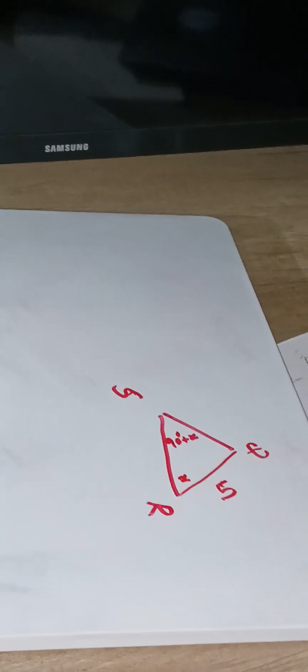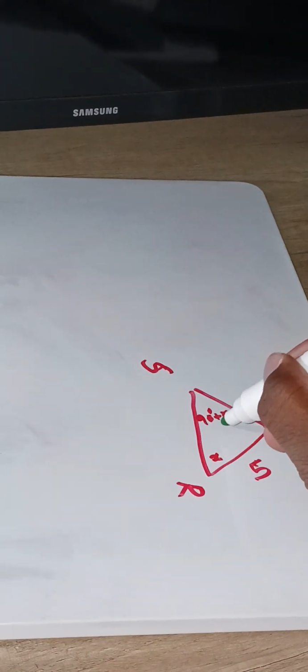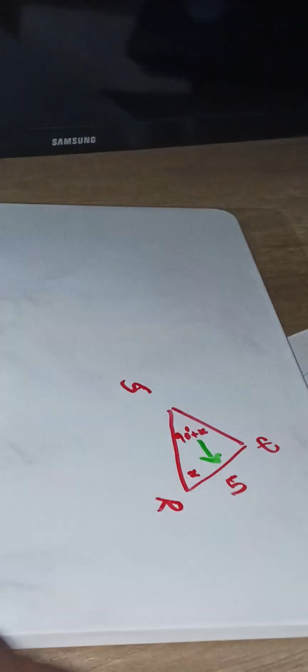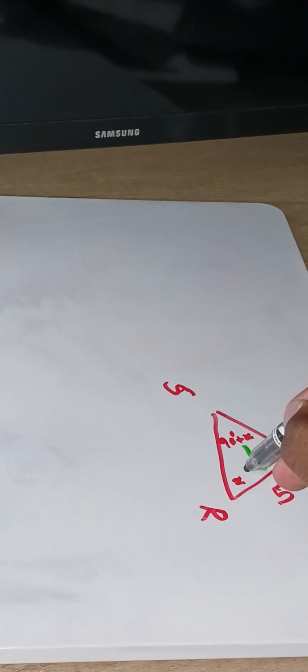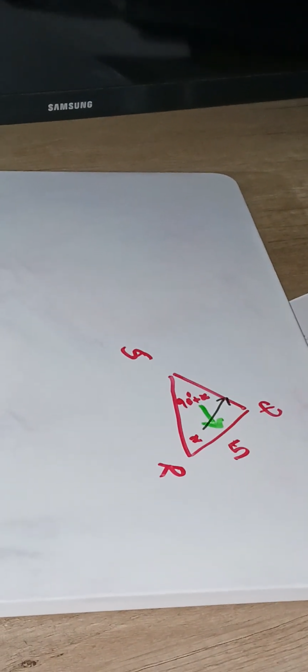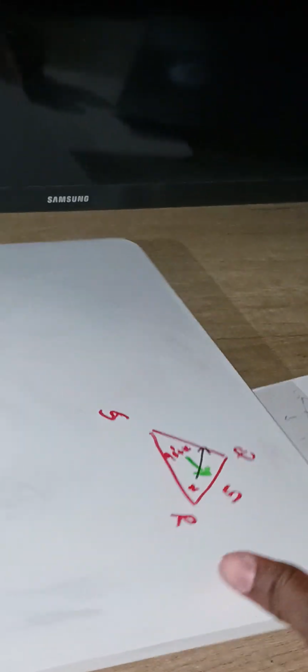So now if you check, according to the sine rule, this is related to that, and this is related to that. You see, how will that information help us?